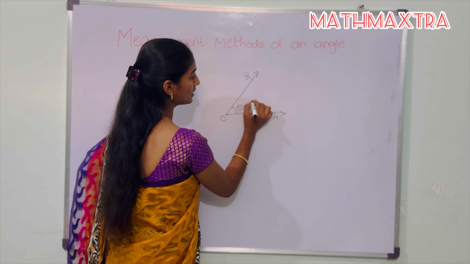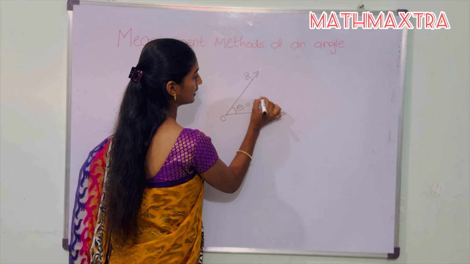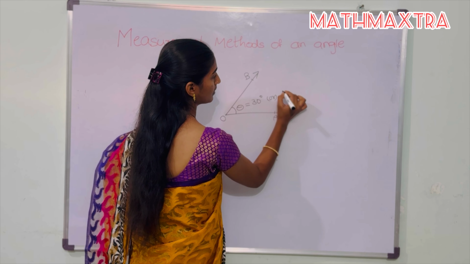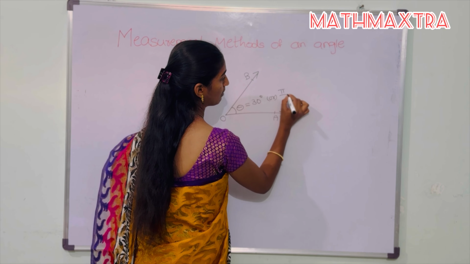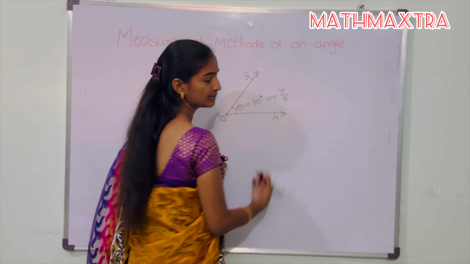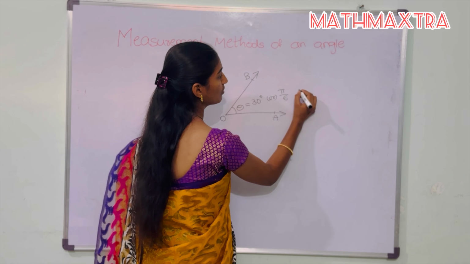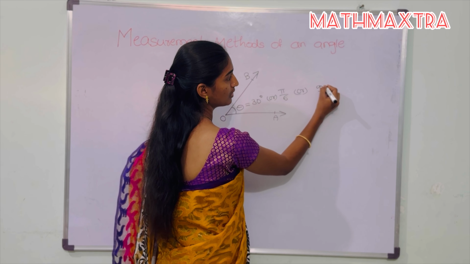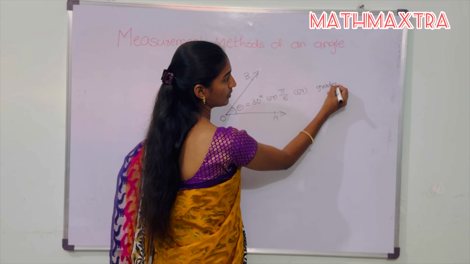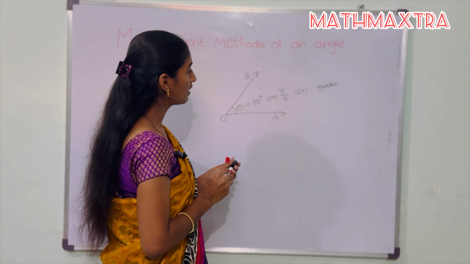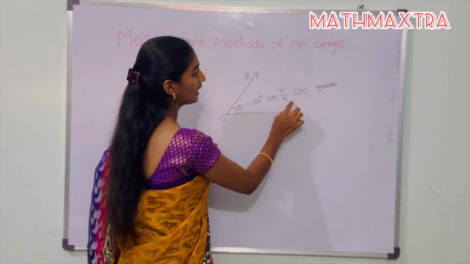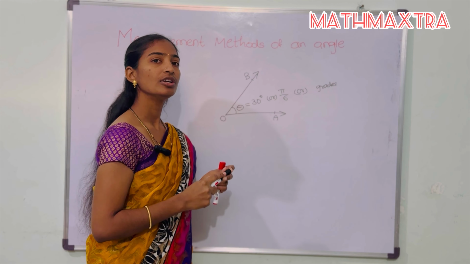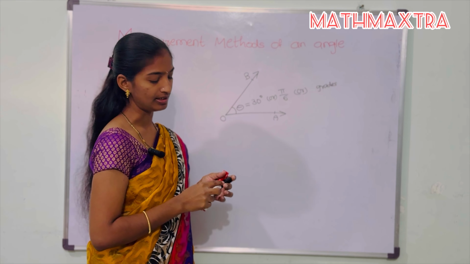Sometimes we represent it as 30 degrees, sometimes as pi by 6 radians, and sometimes in terms of grades. So degree, radian and grade are different units of an angle.